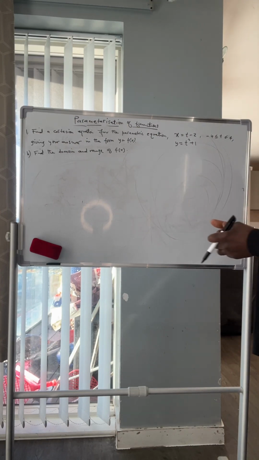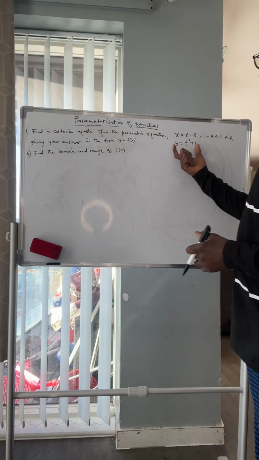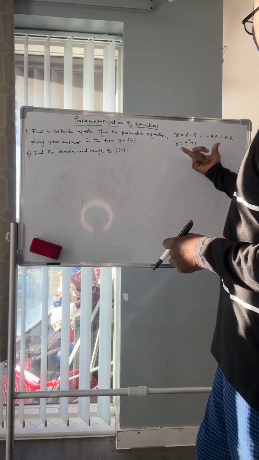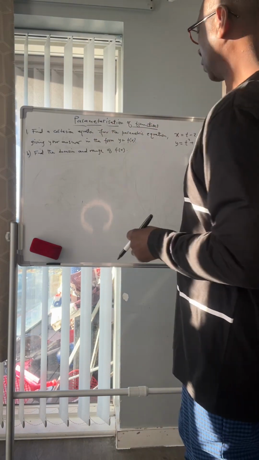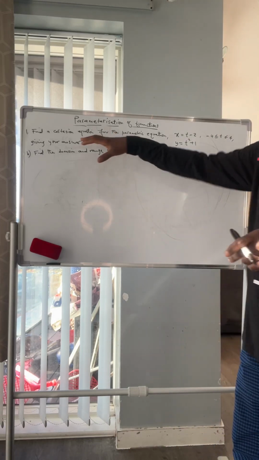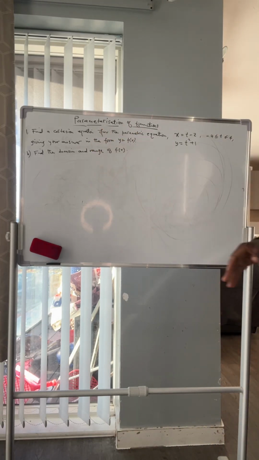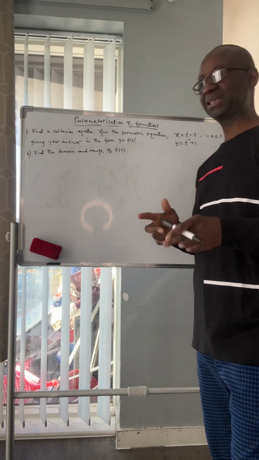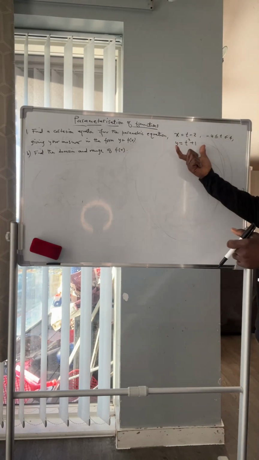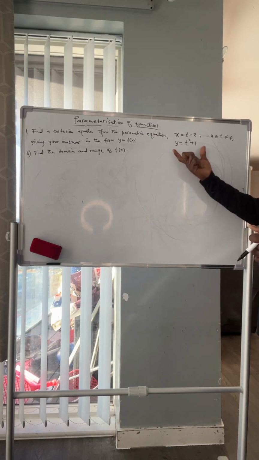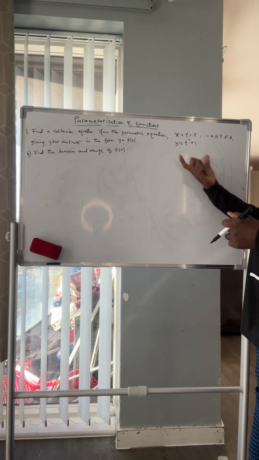So whenever you are given an equation in this parametric form and you are asked to convert it into a Cartesian equation, in the xy plane, that's what Cartesian means, x and y, you are trying to reduce the variables from 3 to 2.